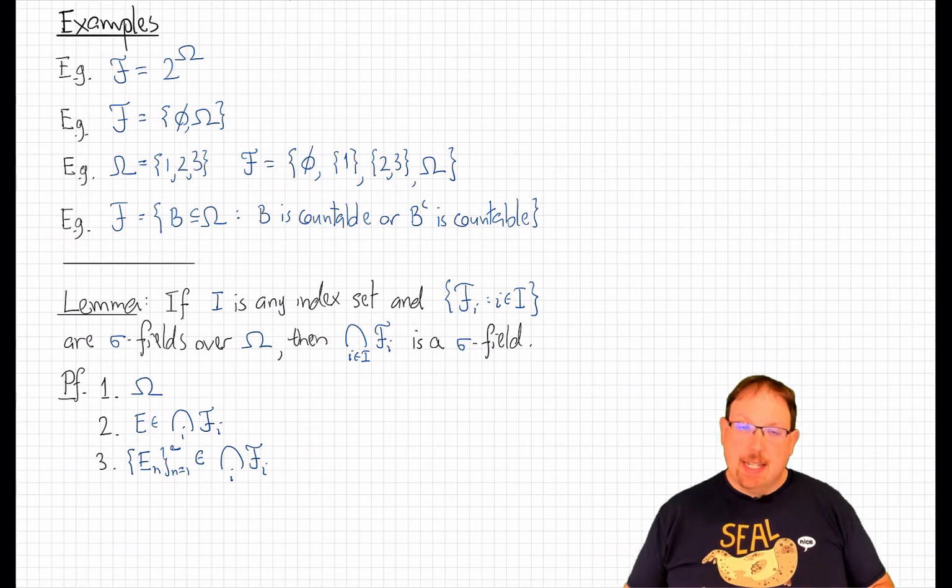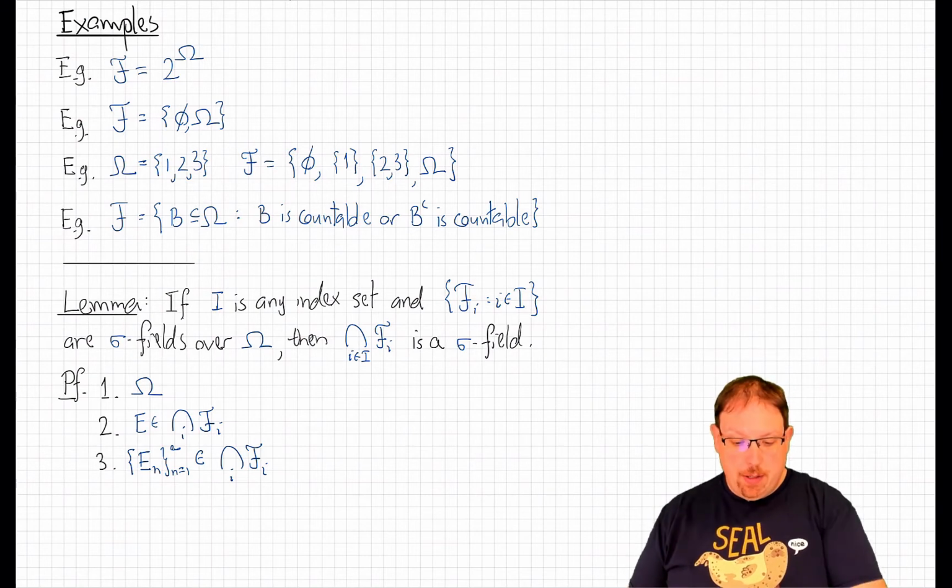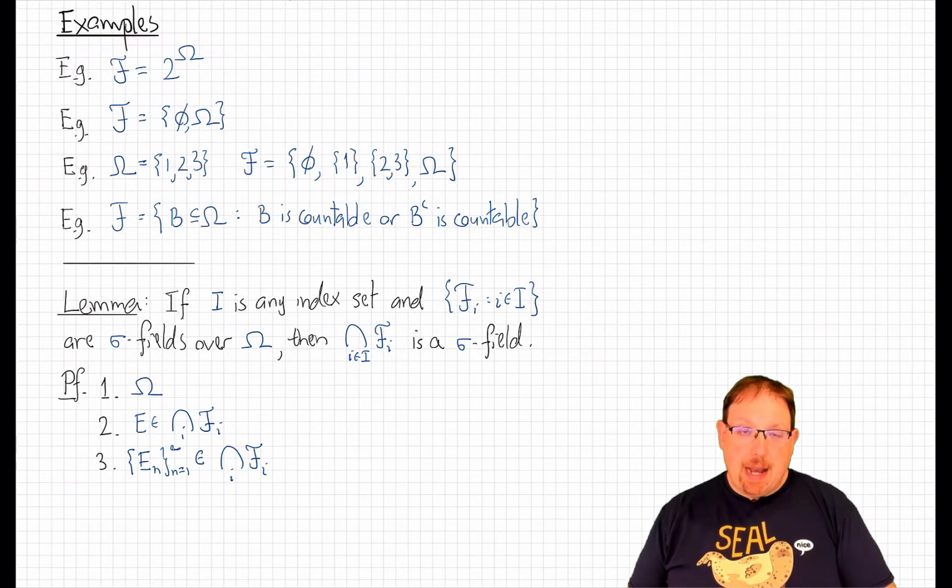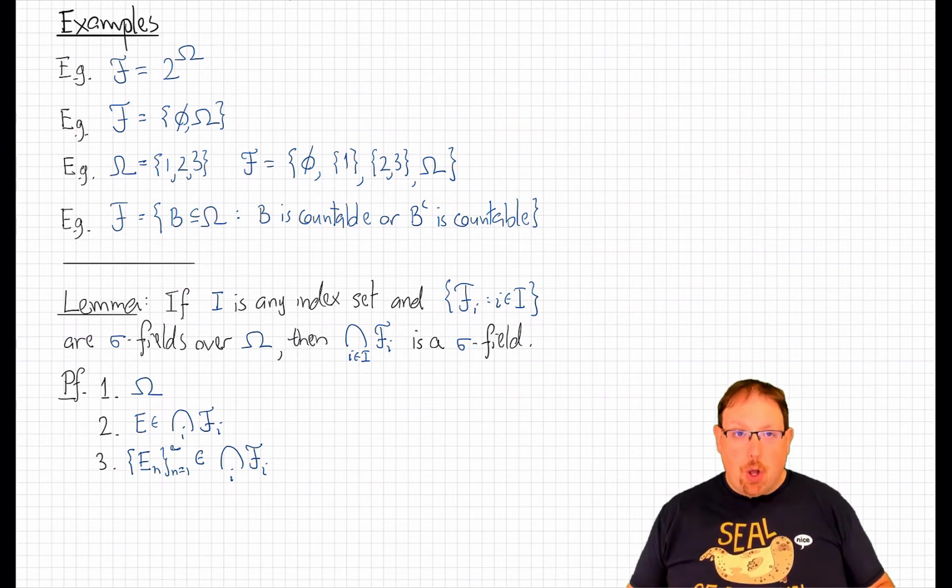The most basic example that we should always start with is the power set. The power set is, of course, a field and a sigma field. The power set is the collection of all subsets of omega. And the collection of all subsets of omega is closed under any set operations that you want.